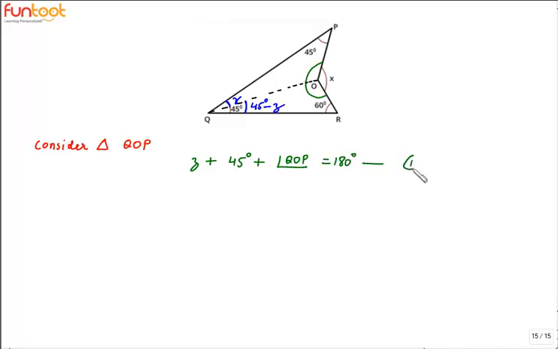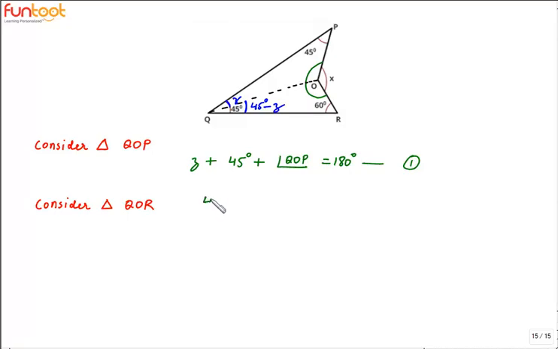So this is angle QOP, this is equal to 180 degrees. Call this as first. Now let's take the other triangle, which is triangle QOR. In this triangle also we will apply the angle sum property of a triangle, and let's see what are the angles here. So first angle is 45 degrees minus Z, that is this angle which is OQR.